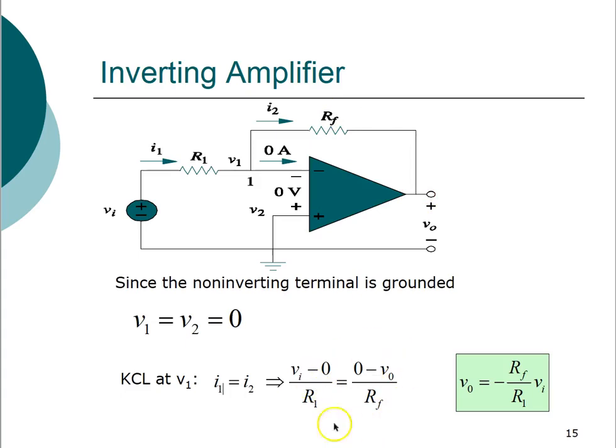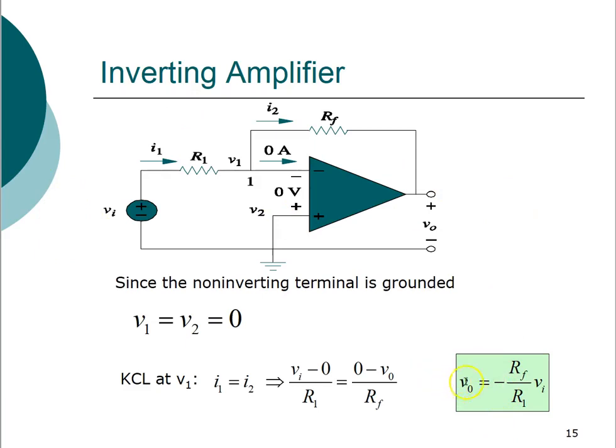Now you rearrange this equation and find the value of V0. So V0 you will get as negative RF by R1 into VI. This negative sign which you see here basically indicates your inverting output voltage. Whatever you get here is going to be inverted at the output, and this negative sign basically proves that.